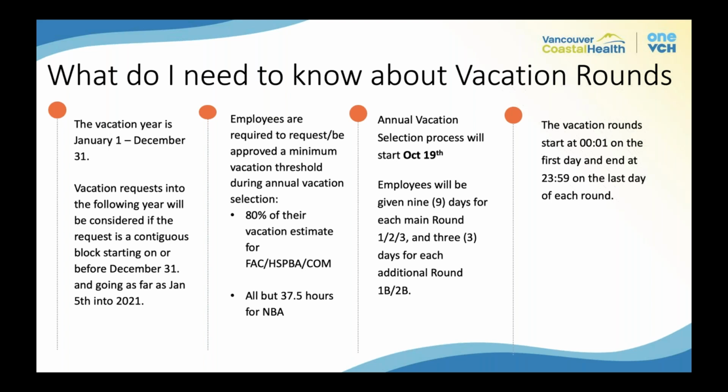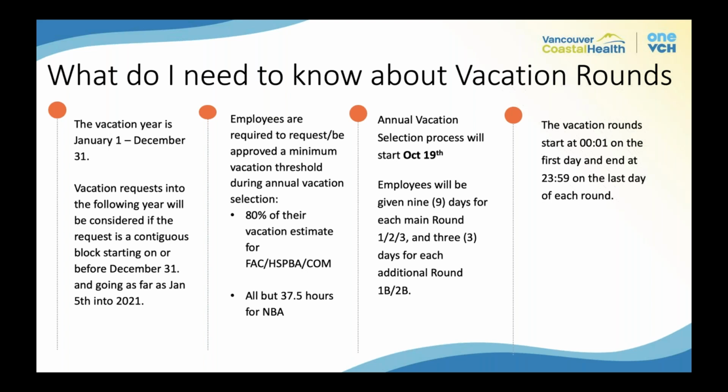In each round, employees are given 9 days, namely for rounds 1, 2, and 3. As well, if at the end of round 1 or round 2, you have not been approved for any of your vacation requests, you will be invited to participate in a mini round 1B or 2B respectively, in which you will then be able to book in a vacation request.